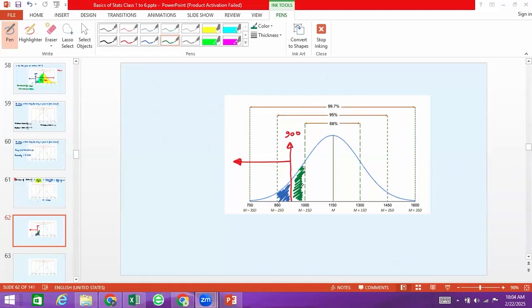So the blue shaded portion, actually I have taken the Z value calculation, 1150 minus 900 divided by 150, and 95% beyond that it is 5%, so 2.5% plus the remaining 850 to 900. The blue shaded portion percentage is coming out to be 4.5, and the remaining 2.5 there. So the total becomes 7% below 900.